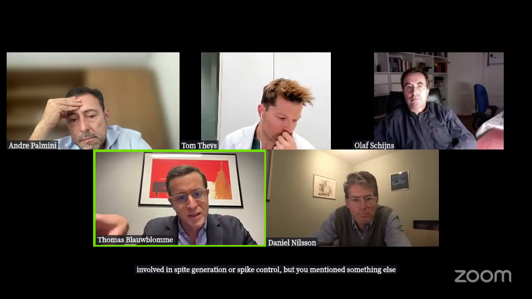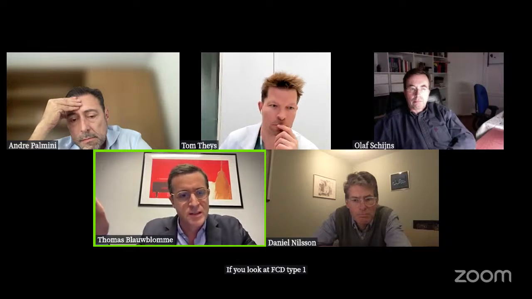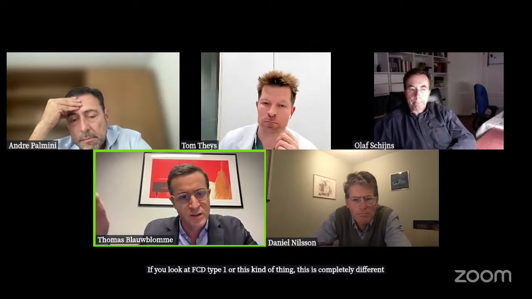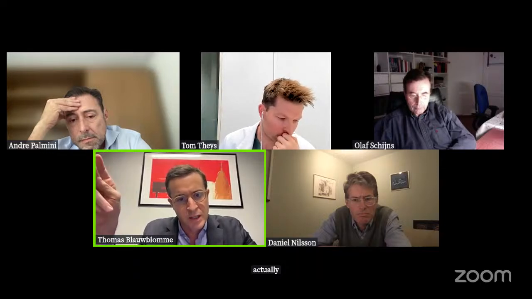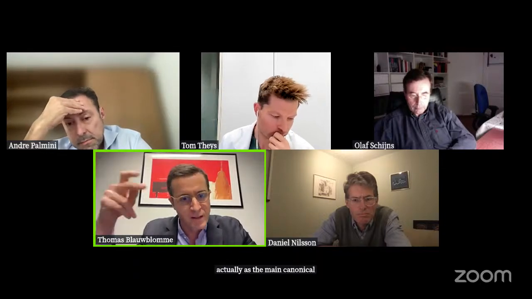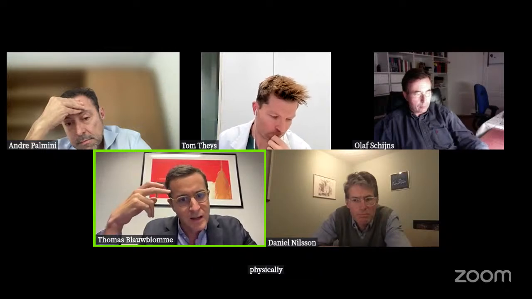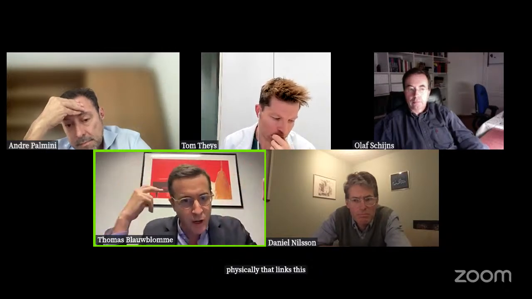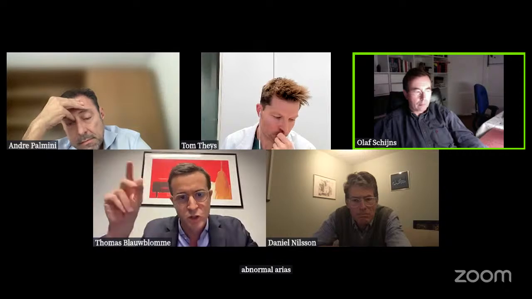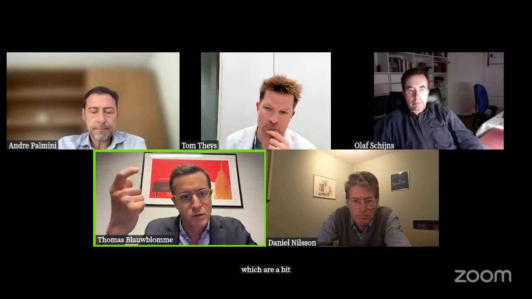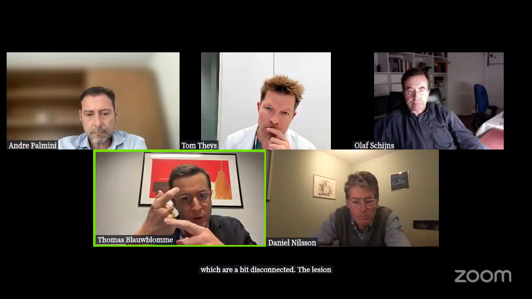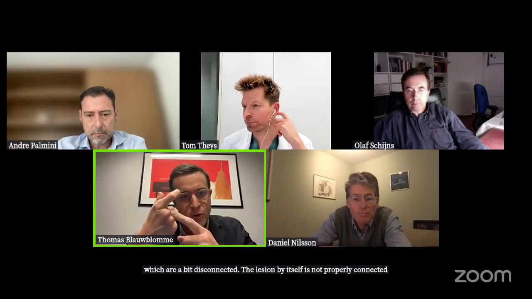If you look at FCD type 1 or this kind of thing, this is completely different. This is a network disease because this brain actually has the main canonical fasciculi that link these abnormal areas to normal brain, which is not the case in FCD 2B, which are a bit disconnected. The lesion by itself is not properly connected to the surrounding area with the U fibers.